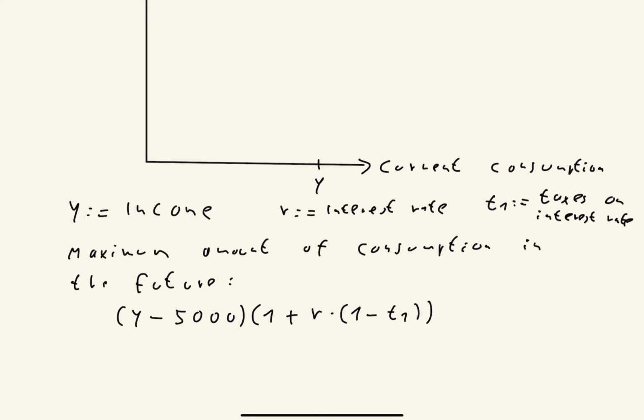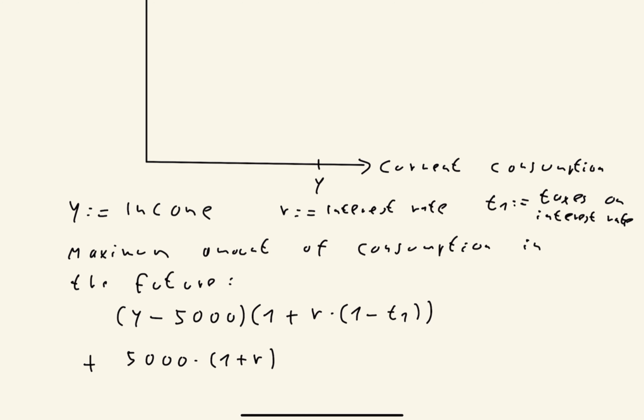This is the amount of consumption that I can have in the future if I save my income from the first period. And this is the maximum amount of money that we can consume in the future.